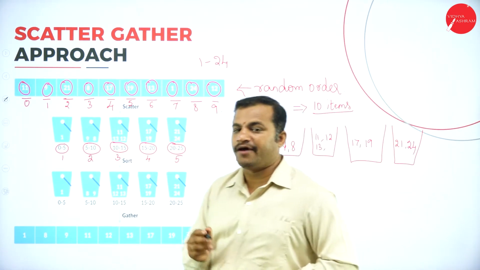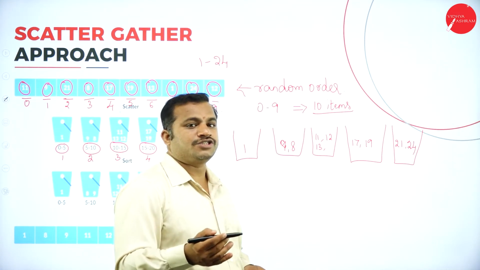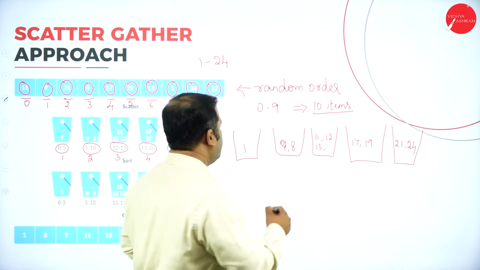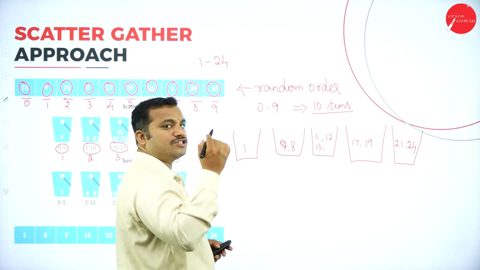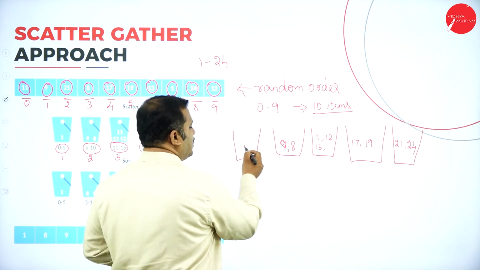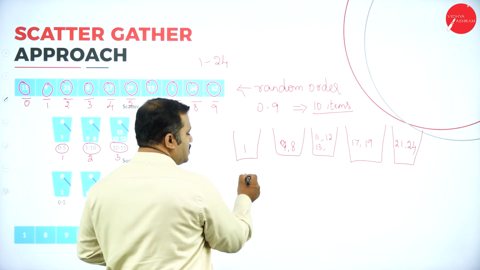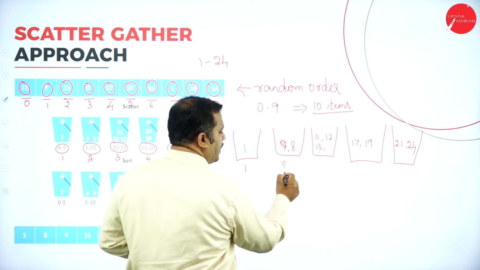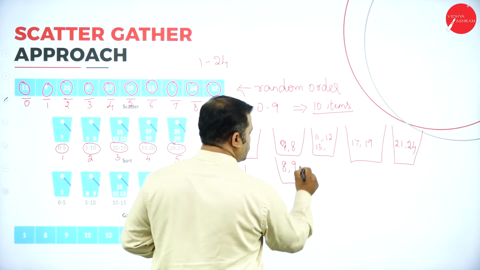So in this case we have 5 different buckets here, and let me consider any of the quicksort algorithm or any of the insertion sort algorithm. Then by employing those sorting techniques, we will get the elements sorted within each of these buckets. 1 is placed in the first bucket, 8 and 9 are placed in the second bucket after sorting.